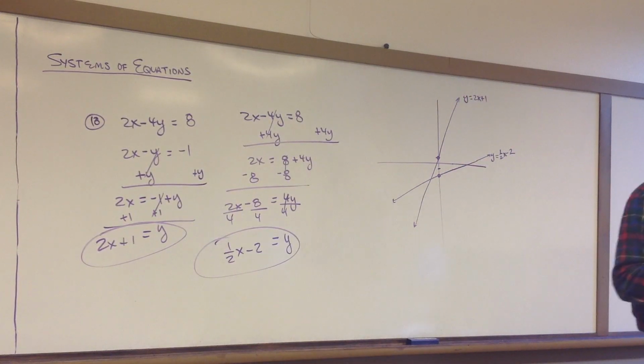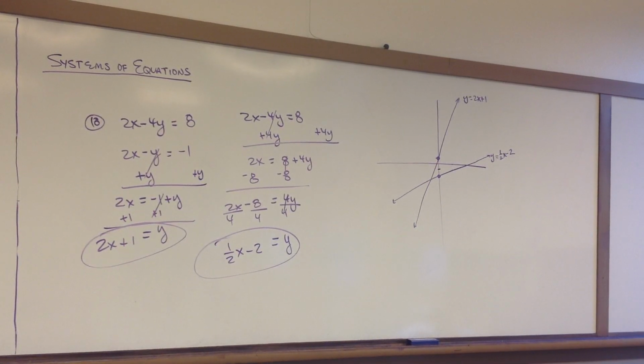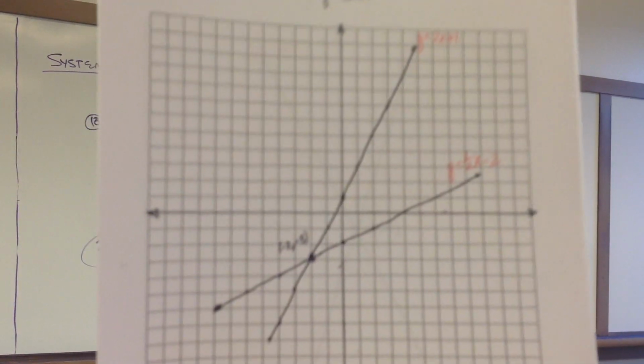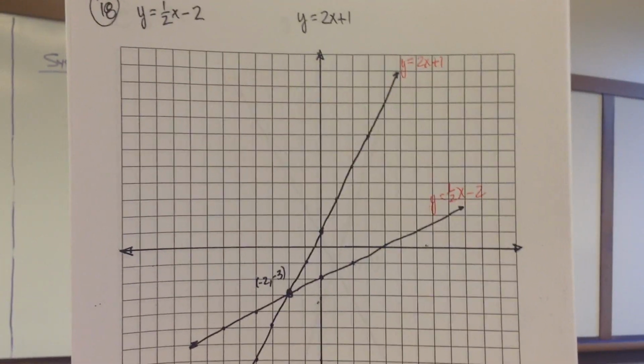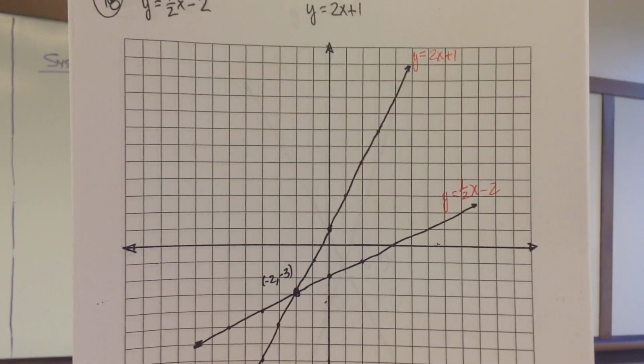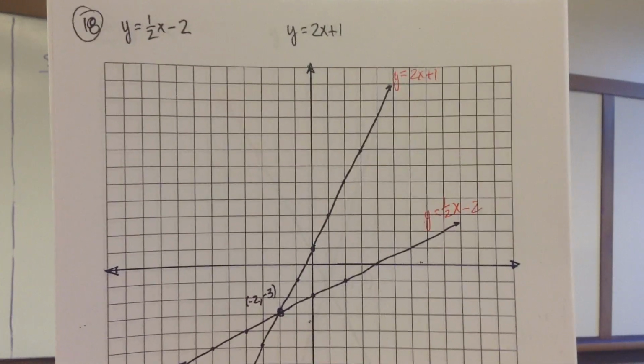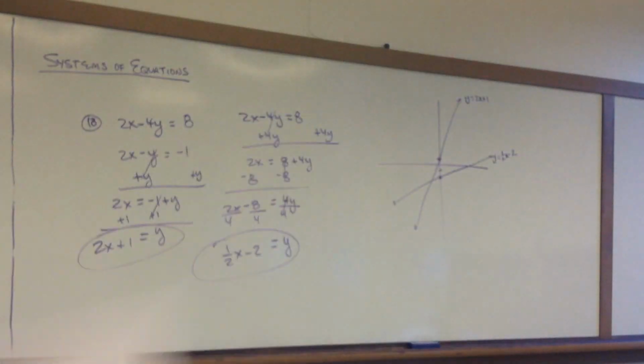So let's take a look at the paper version and see where on the grid that solution actually falls. And so there it is, and there's the solution where x is -2 and y is -3.